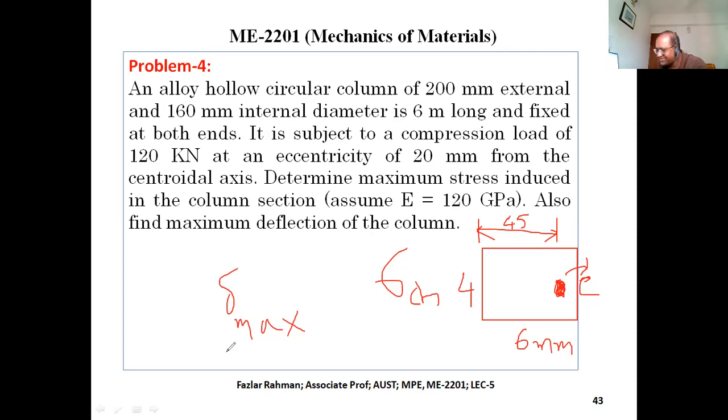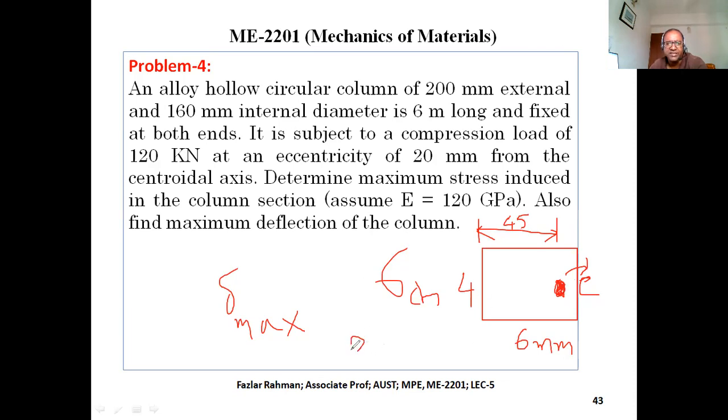No, it's not CG. It is not going through the CG. So what is the CG then? How much will be the value of E?